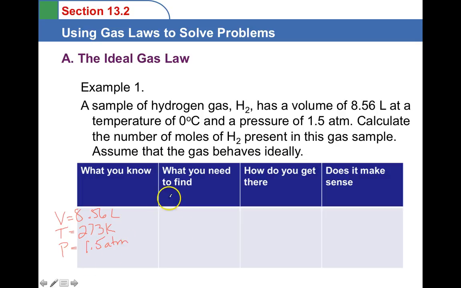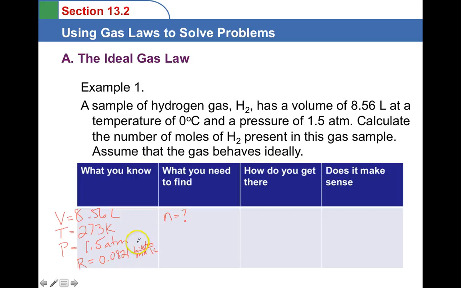And we're being asked to find n. The other thing we know is R, our constant, and it's 0.0821 liter atmospheres over mole Kelvin.